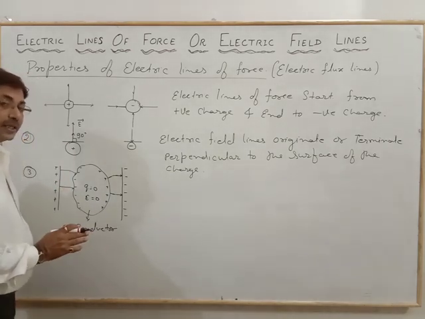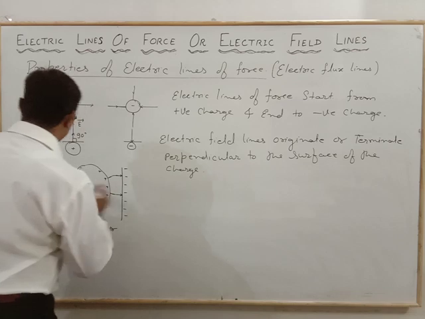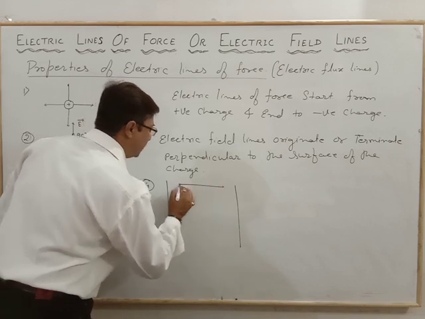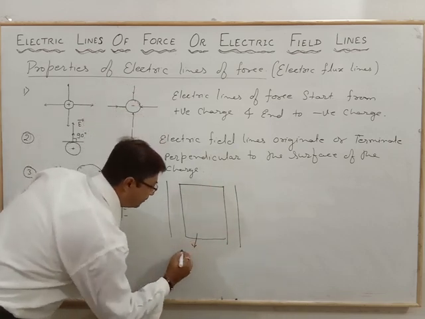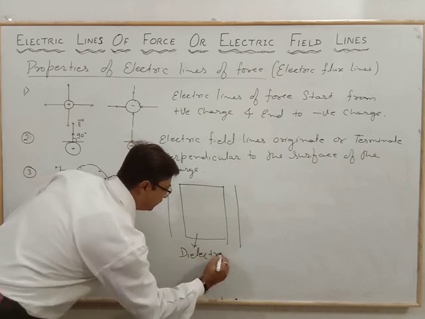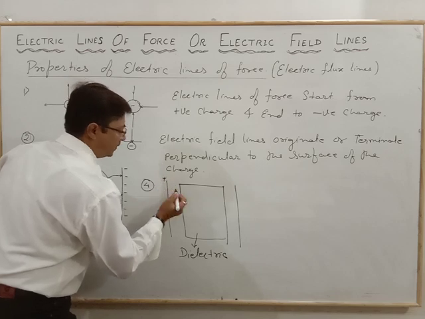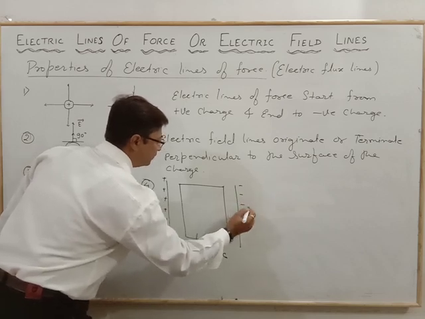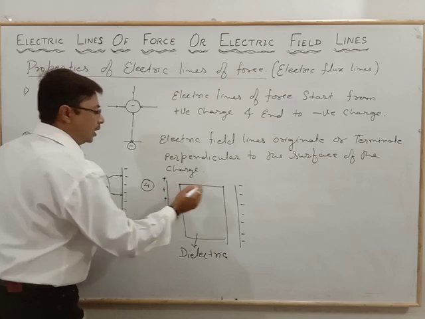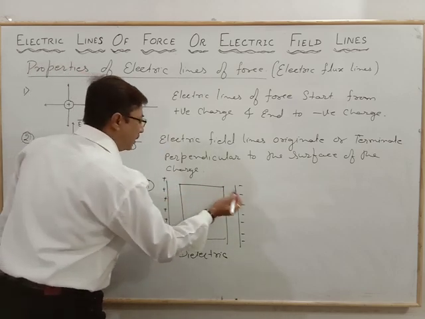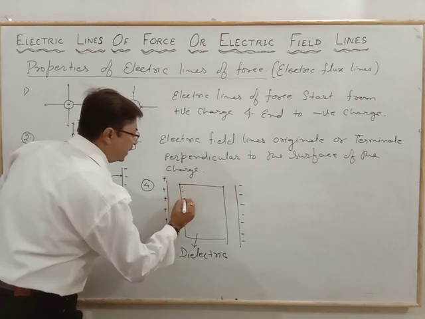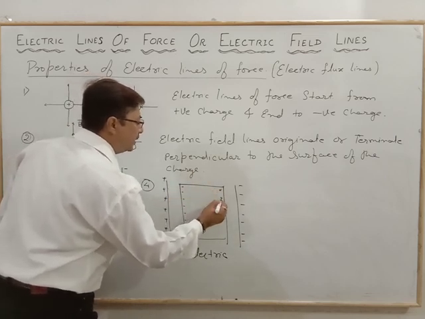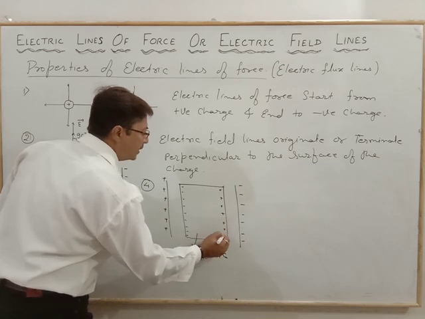But in case of an insulator, that is the dielectric, the fourth point: if we consider the dielectric, with the positive plate here and the negative here, then negative charge is generated at one end of the dielectric, and at the other end it has positive.